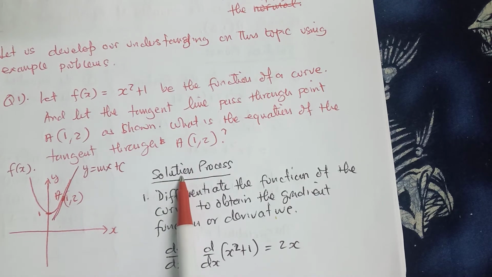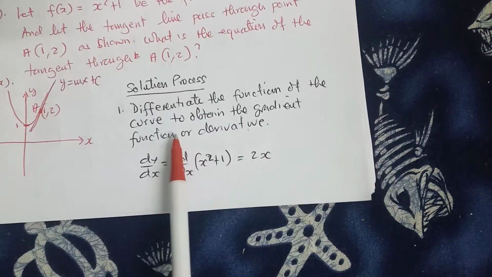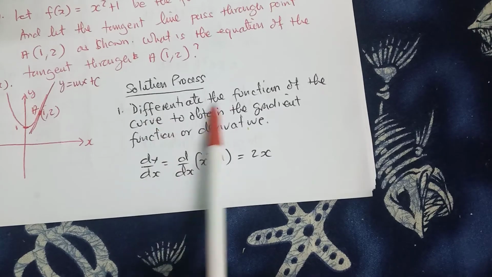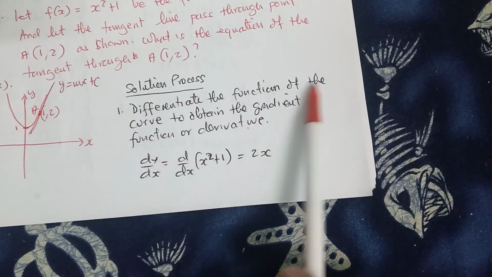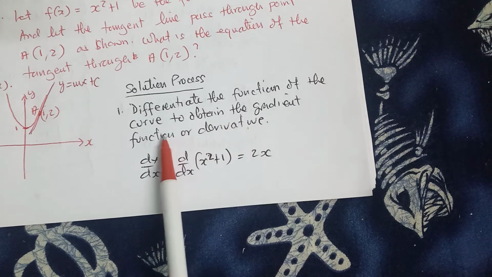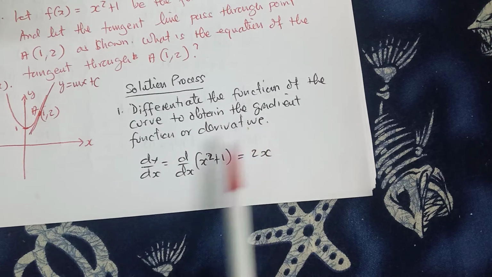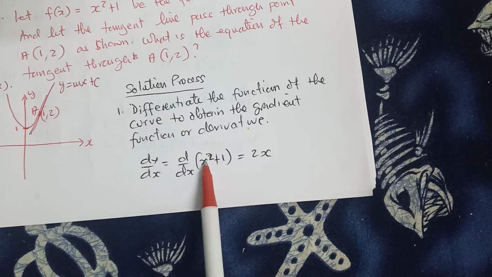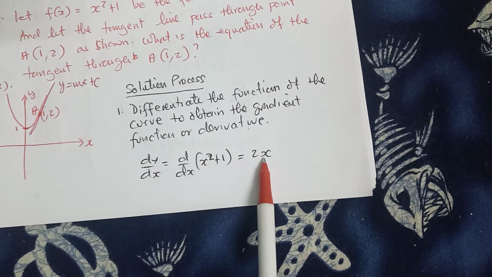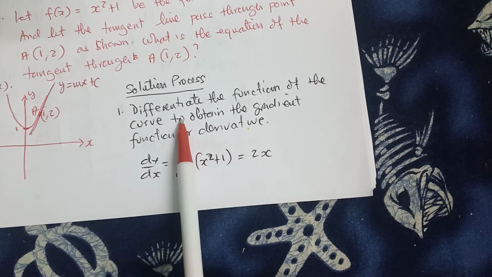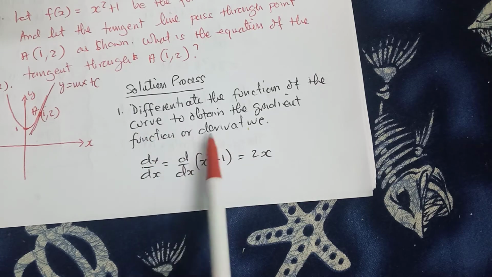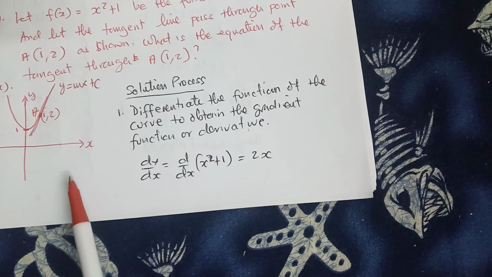Now the solution process to that problem. Step 1: differentiate the function of the curve to obtain the gradient function, or the derivative. When we differentiate x squared plus 1, the gradient function is 2x. Why did we differentiate the function of the curve?